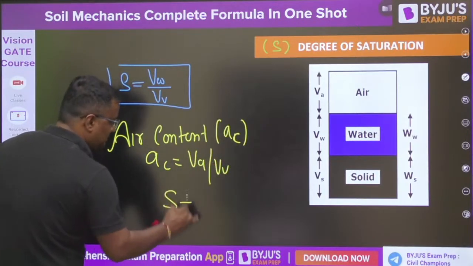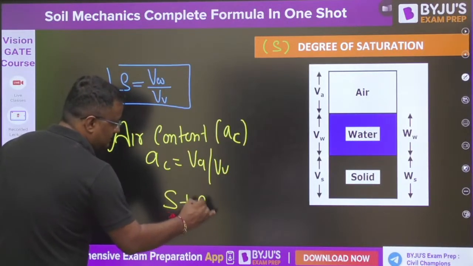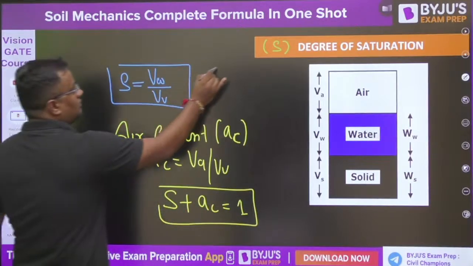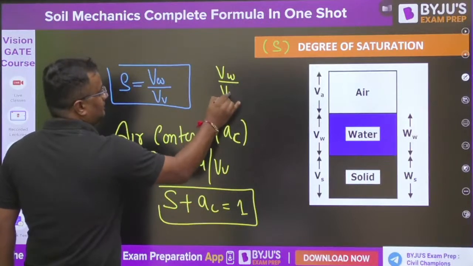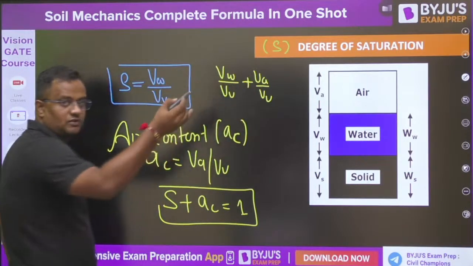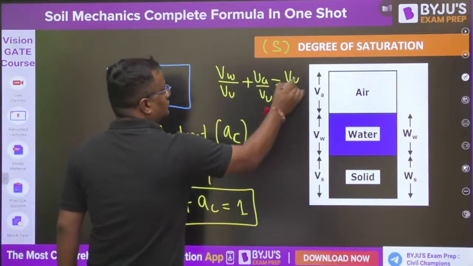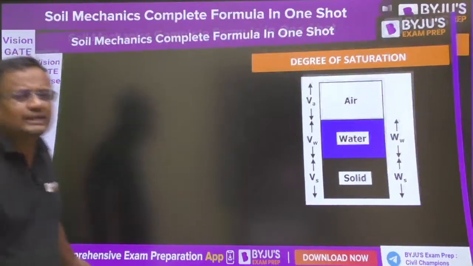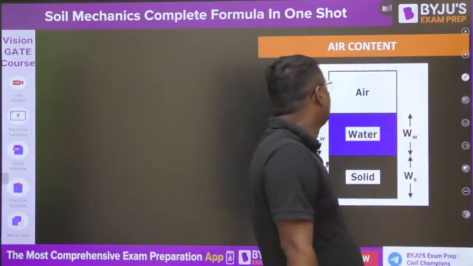Please check: S plus AC is equal to 1, because volume of water by volume of voids plus volume of air by volume of voids. Volume of water plus volume of air is volume of voids only, so volume of voids by volume of voids is equal to 1, or 100% in terms of percentage.